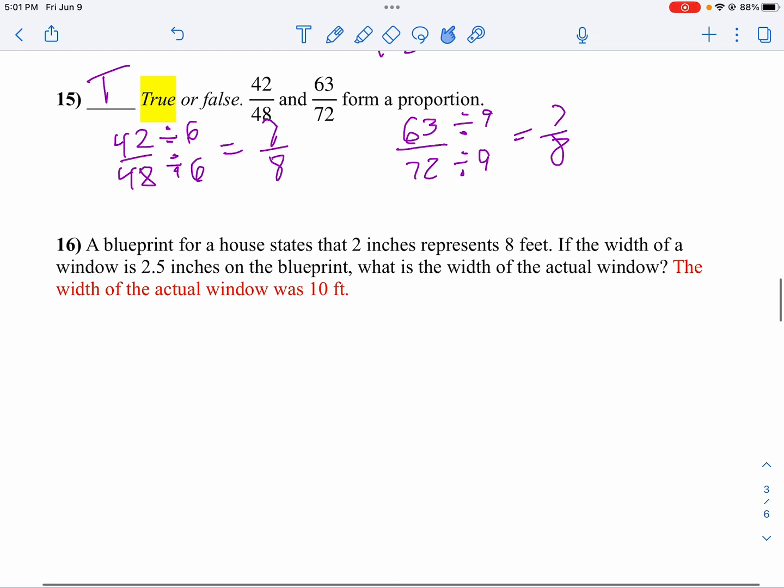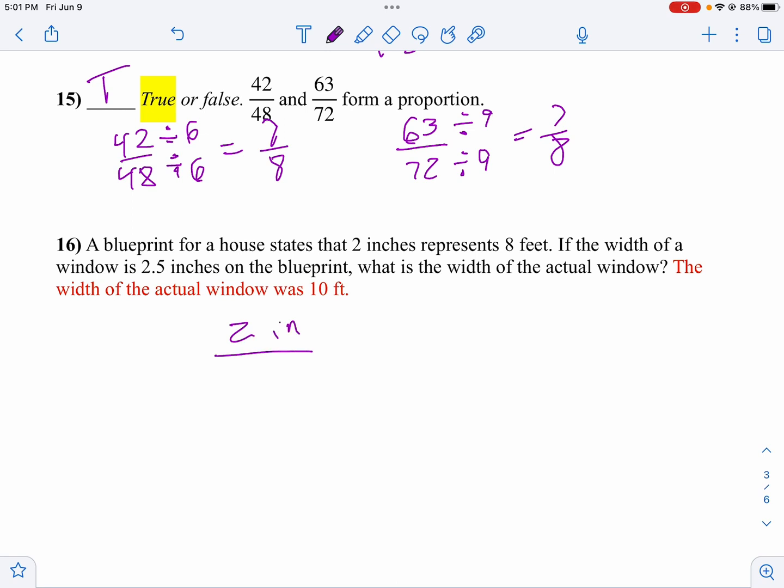Taking a look at 16. We got this house that says, hey, 2 inches represents 8 feet. The width of a window is 2.5 inches on the blueprint. Notice I put 2.5 in my numerator because that's where my inches go.